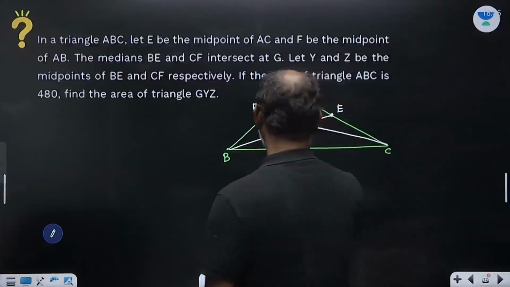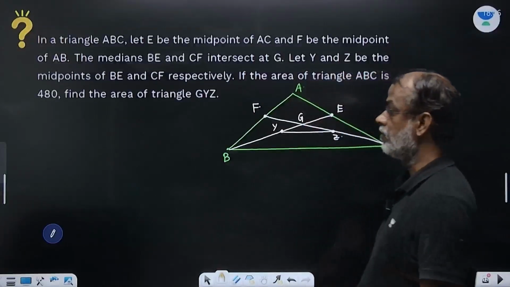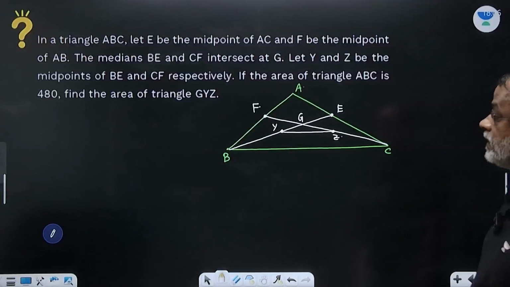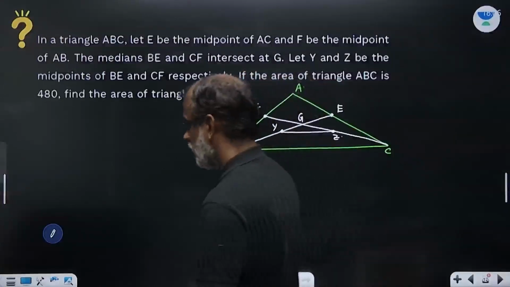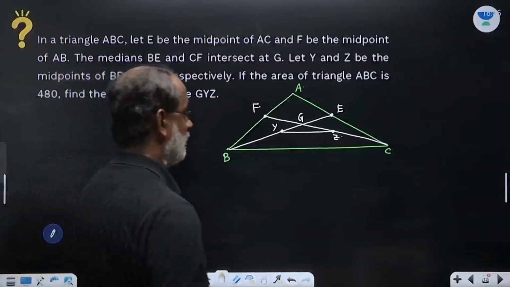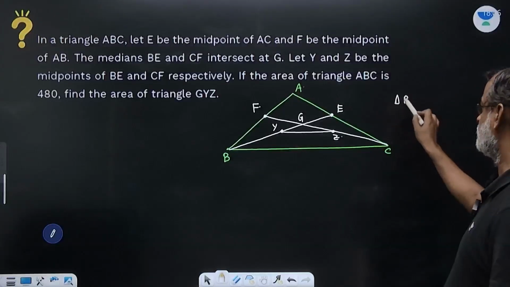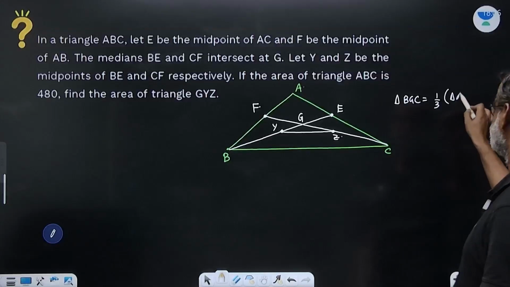Y and Z are midpoints of BG and CG. Okay. Now we know area of triangle BGC is 1/3 area of triangle ABC.